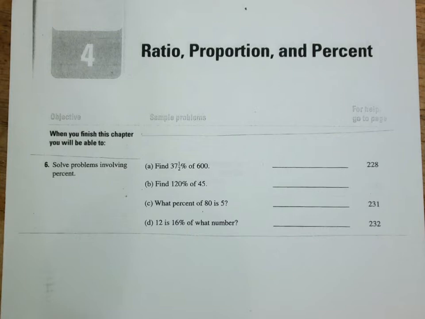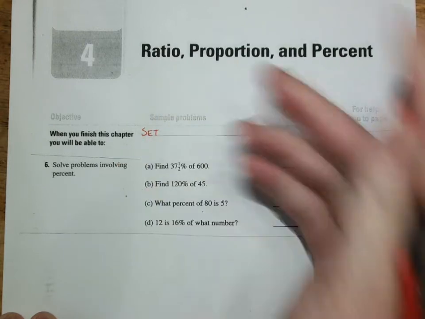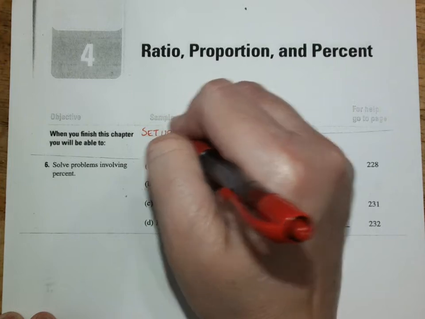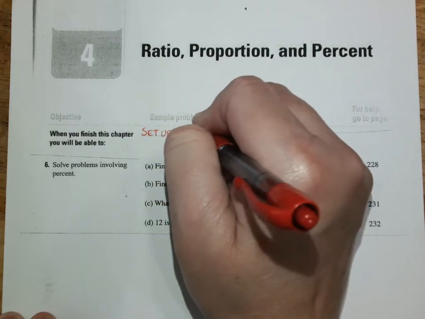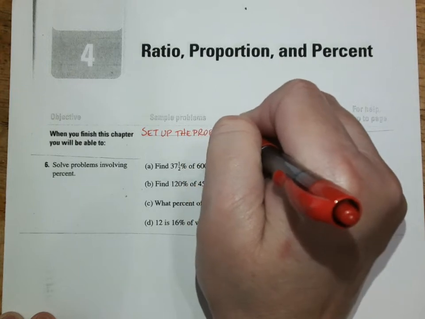So basically the book presents a way that in order to solve these problems, you set up a proportion, just so you're aware and you know what to look for. This will be covered in more detail in your chapter summary.